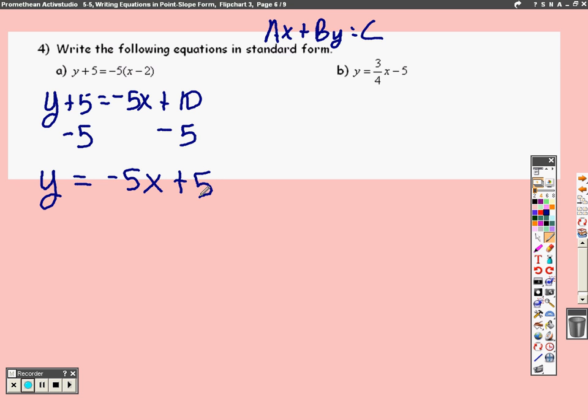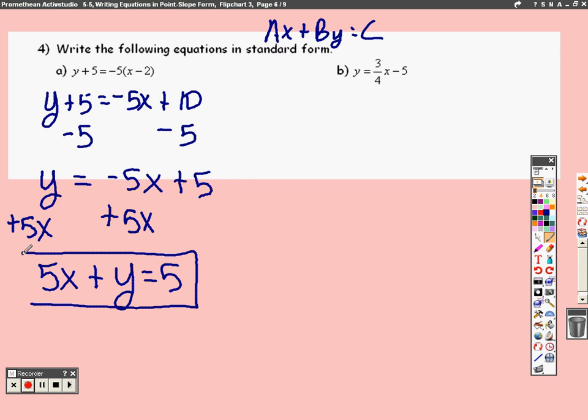And I need to move my x term to the left side, so I'm going to add 5x to both sides. And I end up with 5x plus y equals 5. We know how to do all of these things and to manipulate equations. Now we're just being asked to manipulate the equation into a particular form.